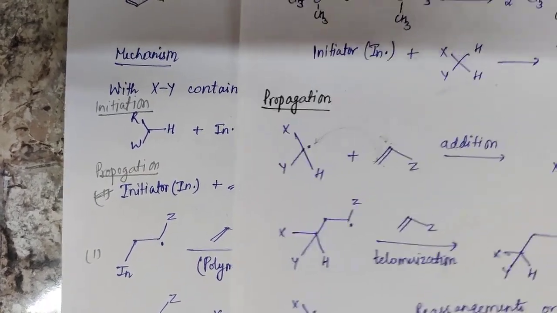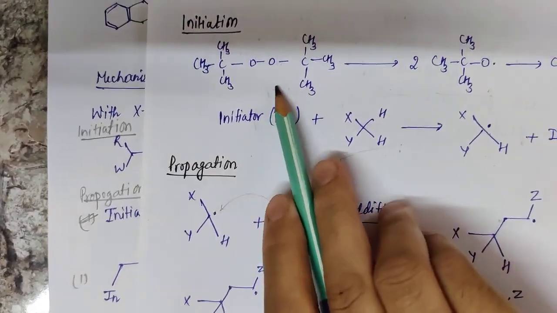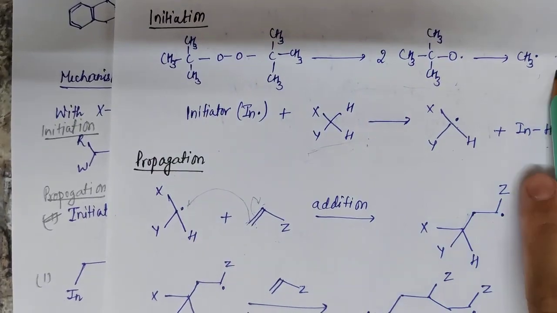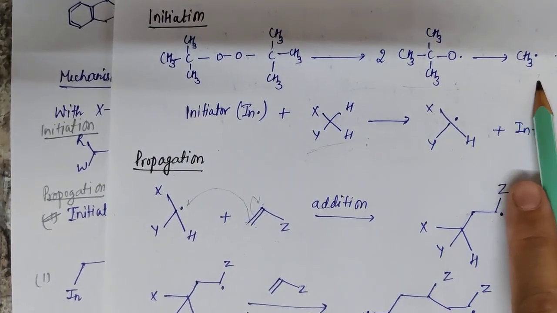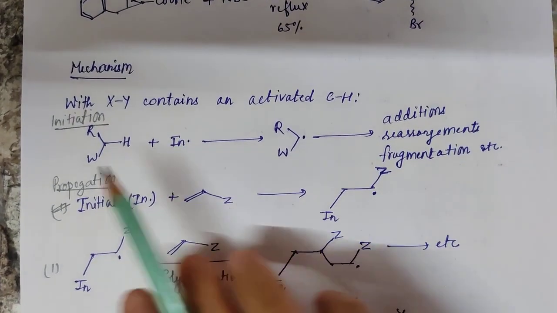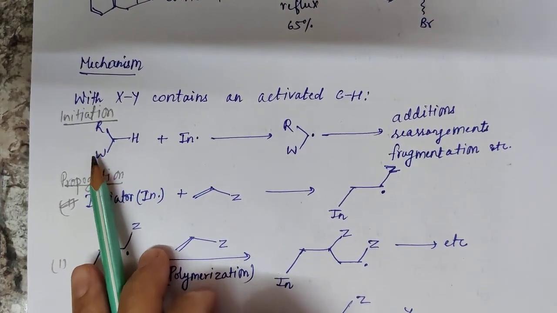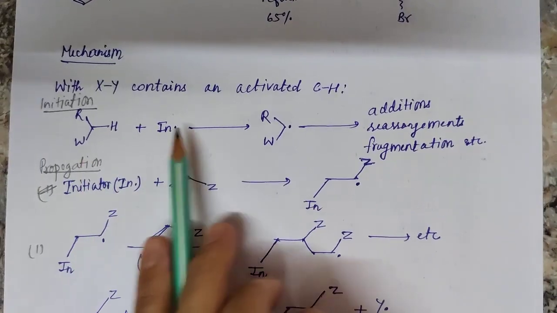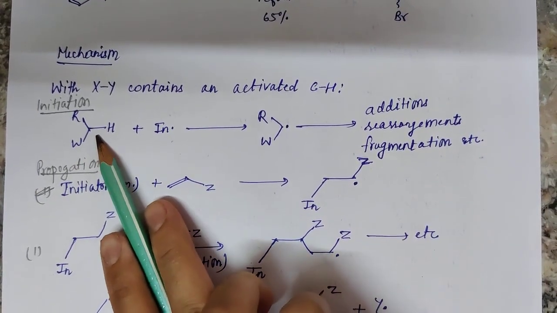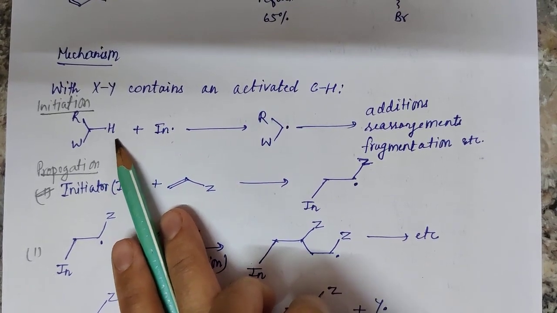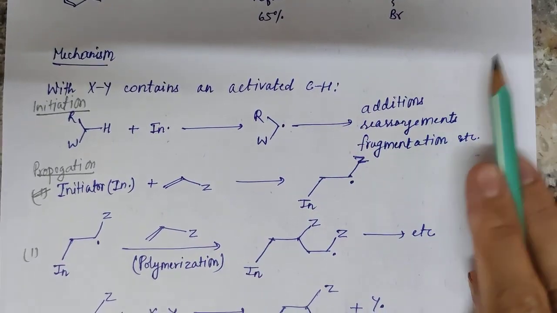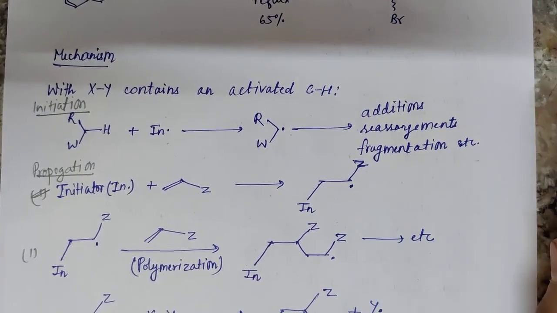So here also what was happening, we had an initiator, it was cleaving into radical, again further fragmentation was taking place. So if this is the general mechanism for all kinds of peroxides, we have a reactant, the peroxide radical will abstract the activated hydrogen, and a radical formation takes place. It could further undergo addition or rearrangement or any other fragmentation reaction.